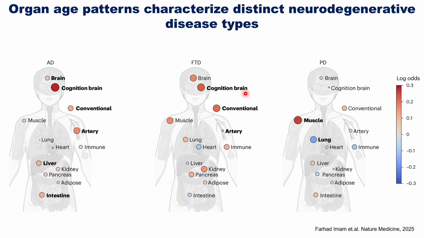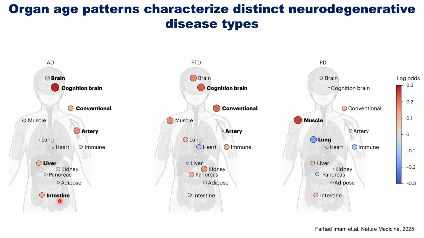What do we usually think? That the Alzheimer's brain is the problem, but they have shown that the cognitive brain is mostly correlated. So in Alzheimer's the gap between the chronological and the disease age is larger in the cognitive brain, the bold ones, the artery, the liver and intestine.